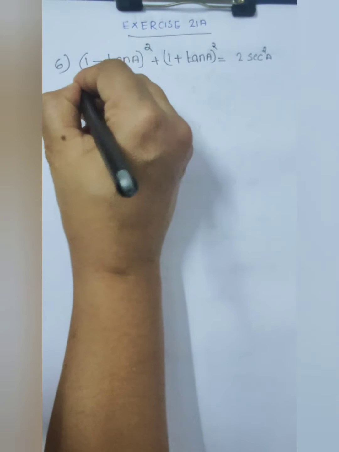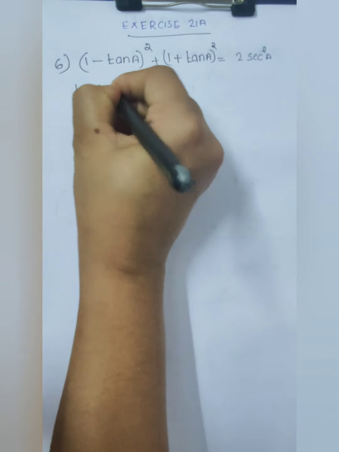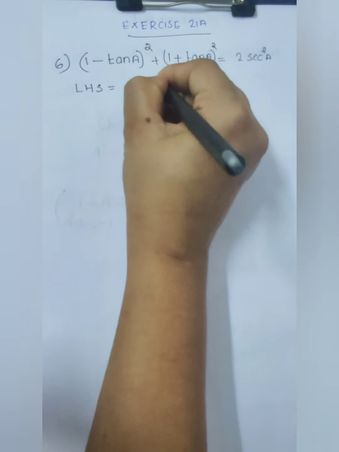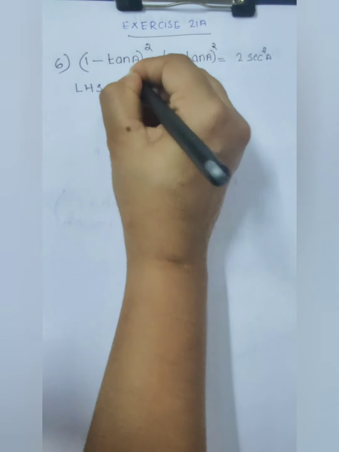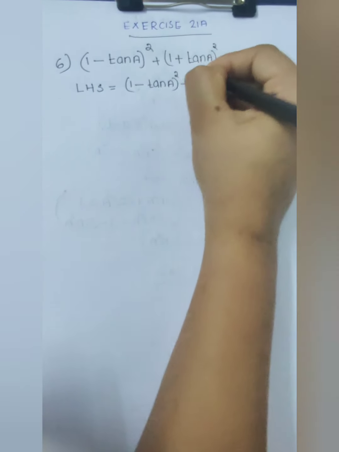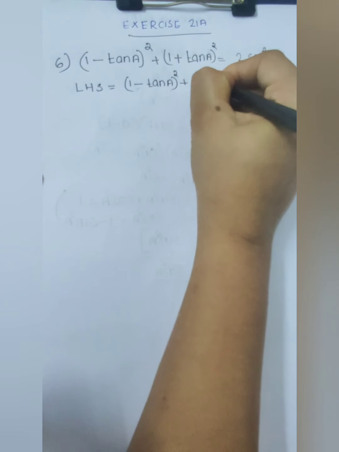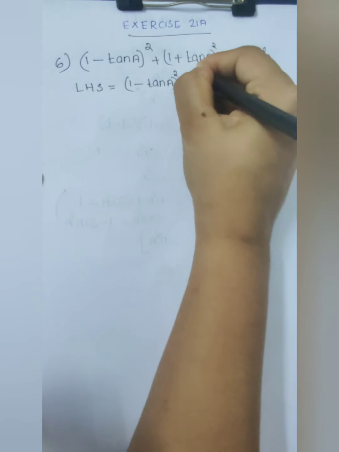Question number 6. 1 minus tan a whole square plus 1 plus tan a whole square equal to 2 sec square a. So here LHS equal to 1 minus tan a whole square plus 1 plus tan a whole square.